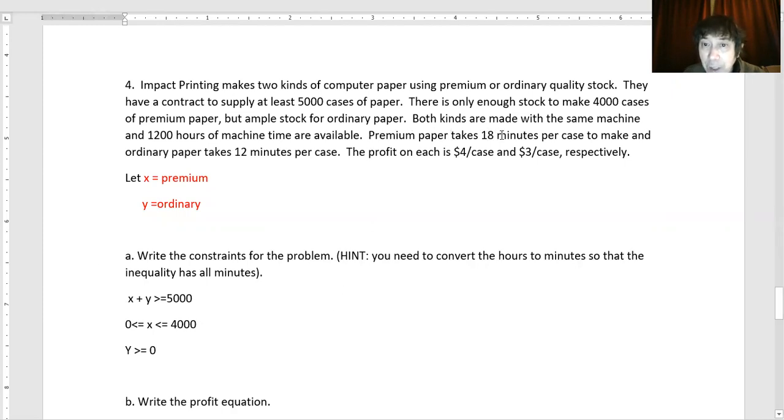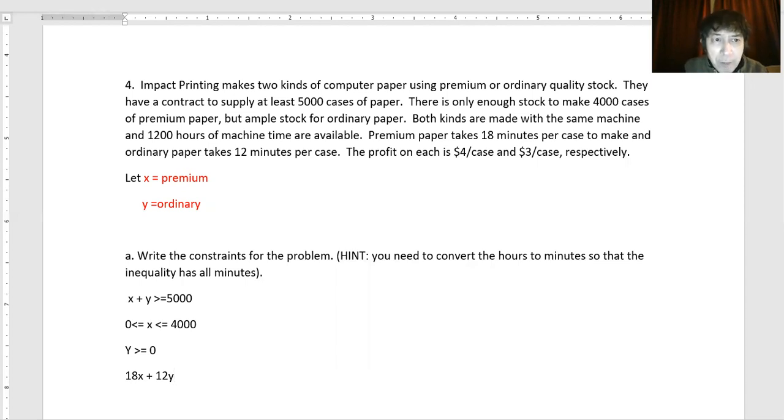Premium paper takes 18 minutes per case, and 12 minutes for the ordinary. So 18 times X, and then 12 minutes times Y. And the allowable time is 1,200 hours.